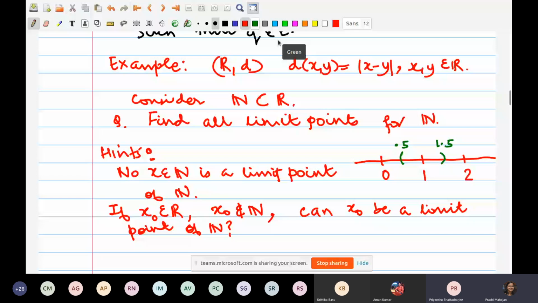That's what you want to do, right? Another student says x naught does not belong to the natural numbers, but according to the definition, a limit point only happens when it belongs to the set.